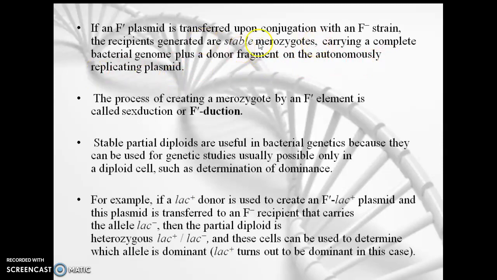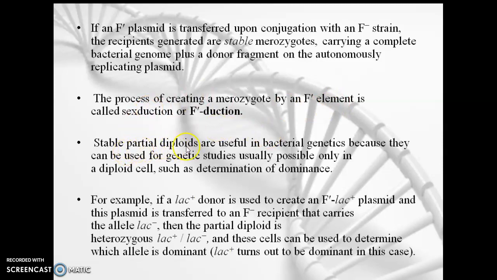So a stable merozygote is formed when an F prime plasmid is transferred to an F minus recipient from a previously HFR cell. It is a merozygote because it contains its own bacterial chromosome and a donor fragment on the F plasmid. Now this process of creating a merozygote by an F prime element is called sexduction or F prime duction.